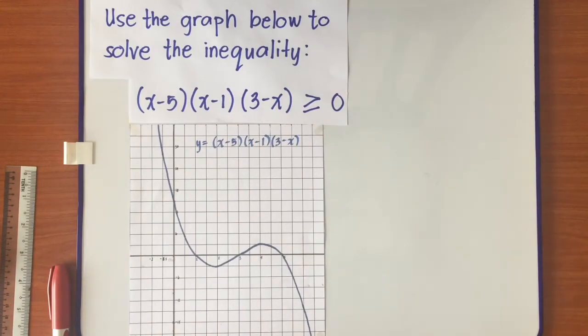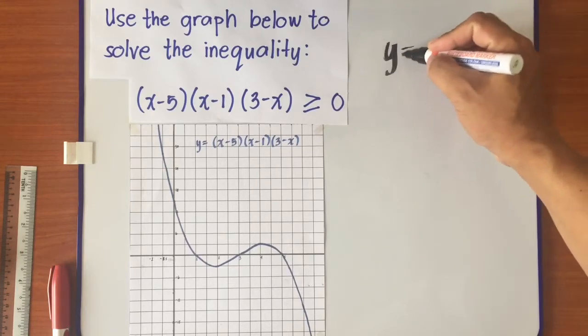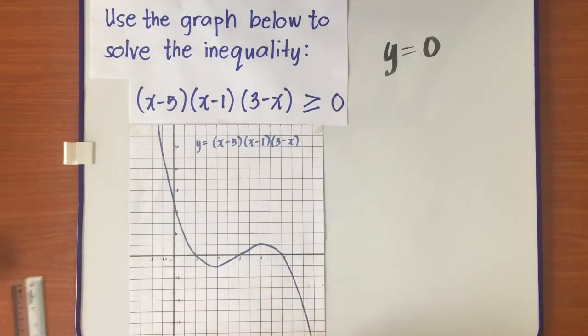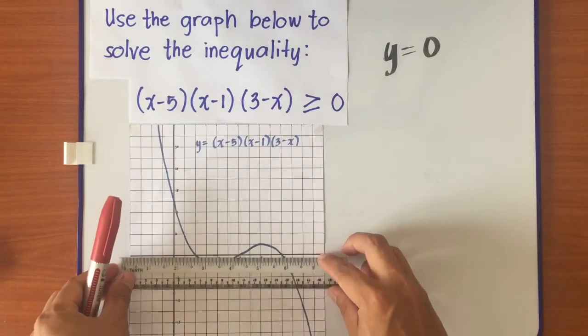Basically, what you are going to do here is draw y is equivalent to the number on the right side. So y is equal to 0. So we'll just draw y is equal to 0, and we know that y equals 0 is over here.